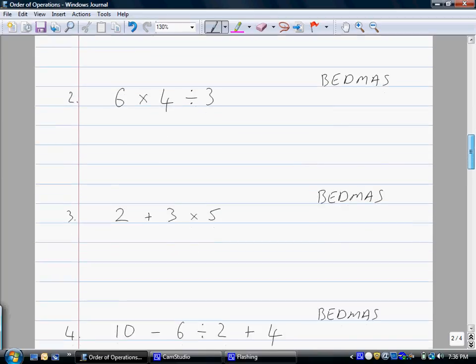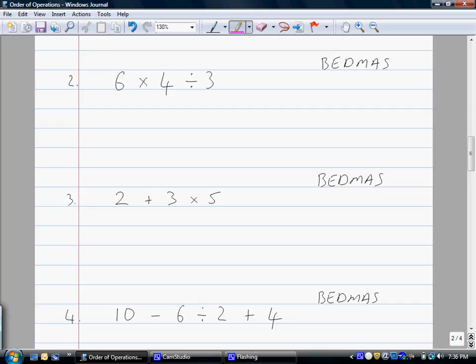Let's go on to another example here. Similar situation. The operations are multiplication and division. So BEDMAS can help me. Brackets, no. Exponents, no. There's a division and there's a multiplication. No addition or subtraction. Now division and multiplication are kind of a group, the same as addition and subtraction are. So again, this does not mean that division is done before multiplication. We do it from left to right, whichever one's first from the left, division or multiplication.